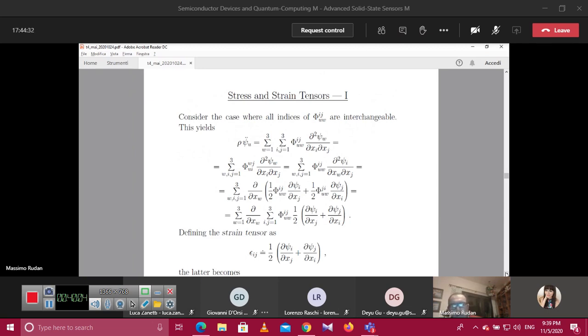And these relations, as we shall see in the second hour, are greatly simplified thanks to the simple form of the tensor and of the symmetry properties that we have investigated. So for the moment we stop and we shall restart in about 10 minutes.